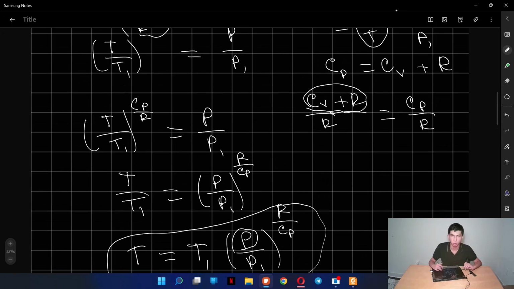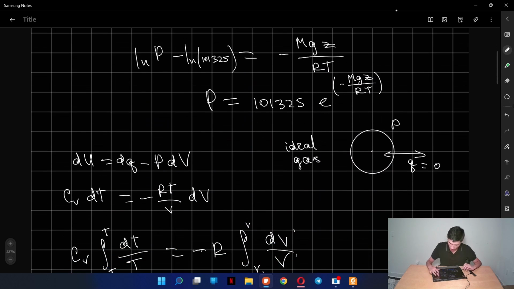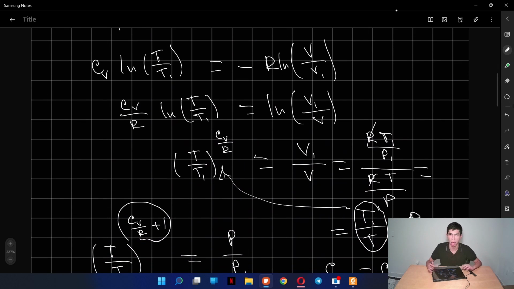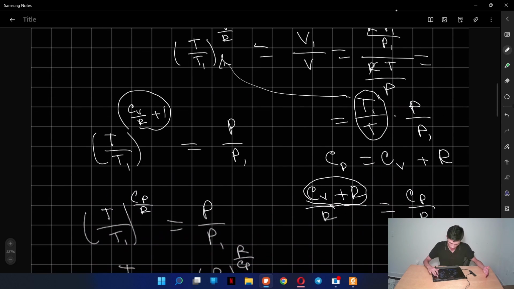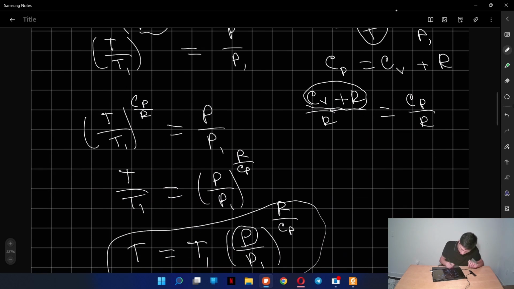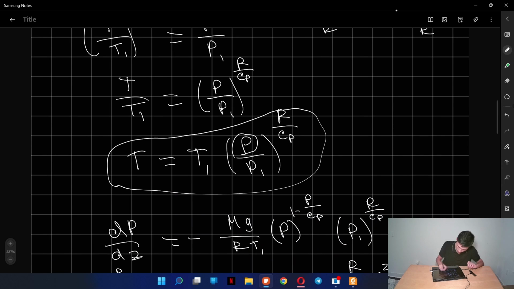Okay, so now in the second part of our question, we're asked to find the expression for the air temperature as a function of altitude, right? And here I remember deriving a relationship of pressure and temperature. So this equation right here, this one, yep.